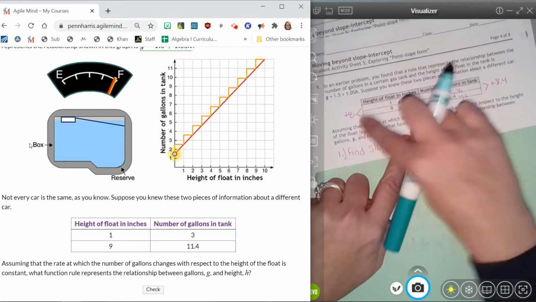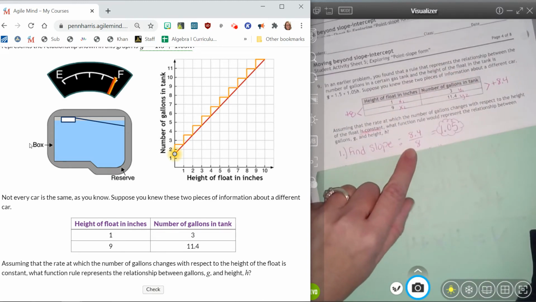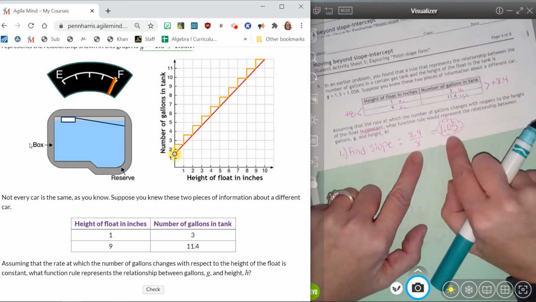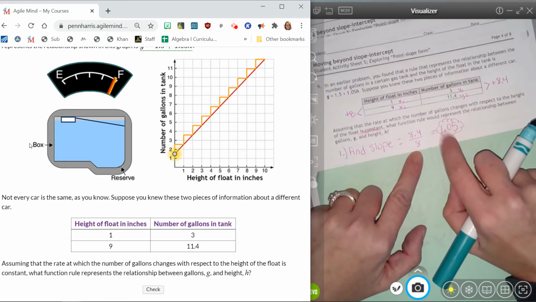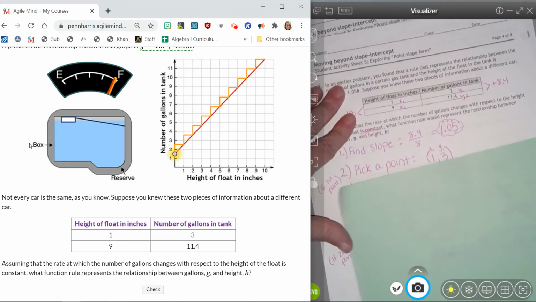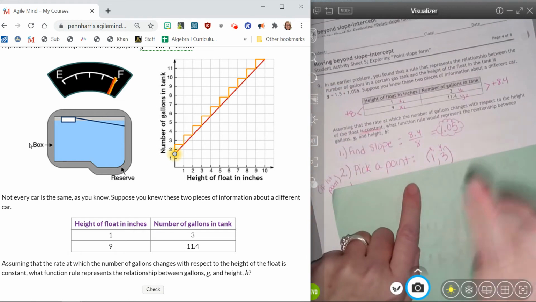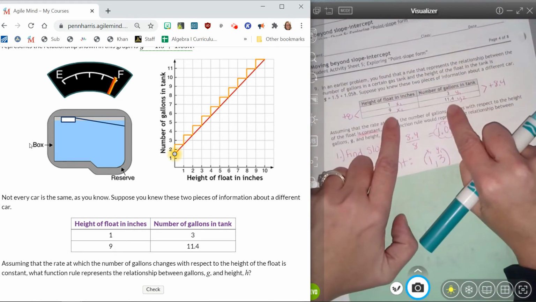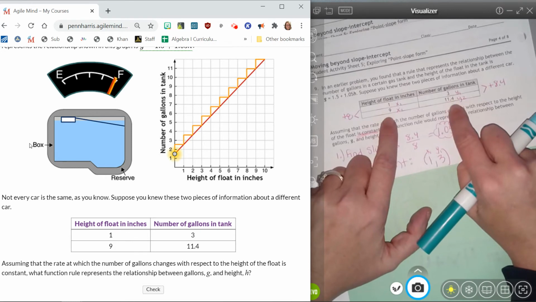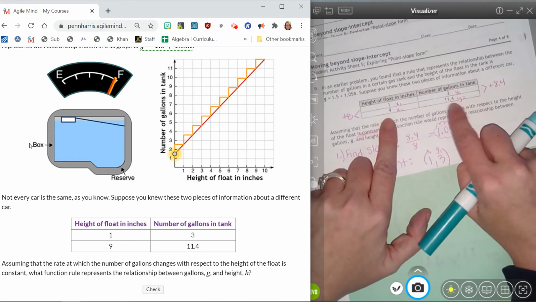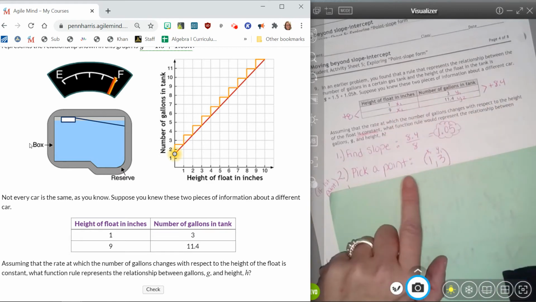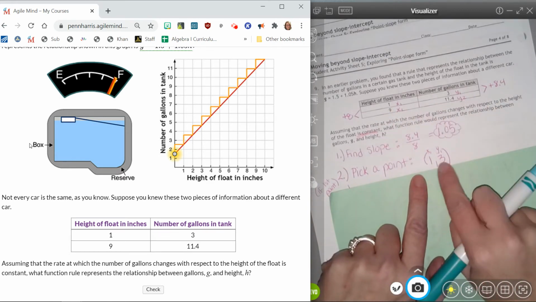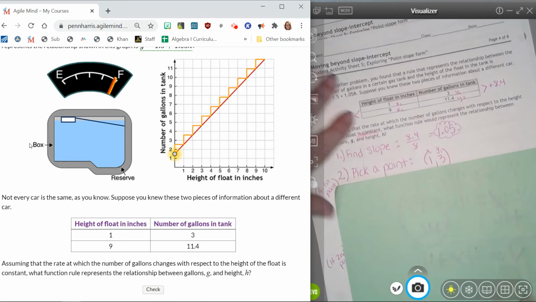From 1 to 9, it had an increase of 8. So we said 8.4 divided by 8 equals 1.05. This is my slope. The second step is to pick a point. Now, I don't know about you guys, but I wouldn't want to use 9, 11.4. Why would you choose to use a decimal? Use the 1, 3. Okay? Make it easier on yourselves, guys.